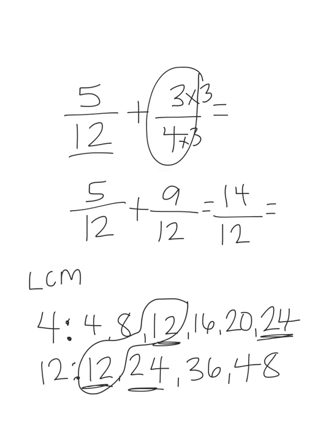Well, I know that 12 can go into 14 one whole time, so I at least have one whole, which is 12/12. Well, if I have one whole, which is 12/12, and I have 14/12, I now have 2 of those 12ths left over, so 2/12. And if I look at 2/12, I know that my whole number is going to stay the same, but I know that 2/12 can be simplified.